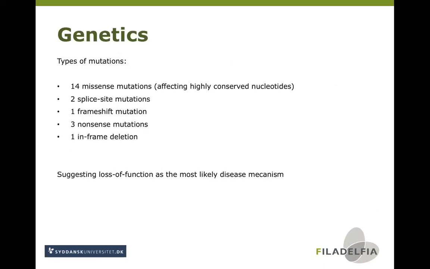So regarding the types of mutations, we found 14 missense mutations that all affected these highly conserved nucleotides. Then we found 2 splice site mutations, 1 frame shift, 3 nonsense, and 1 in-frame deletion. So all these suggest a loss of function as the most likely disease mechanism.